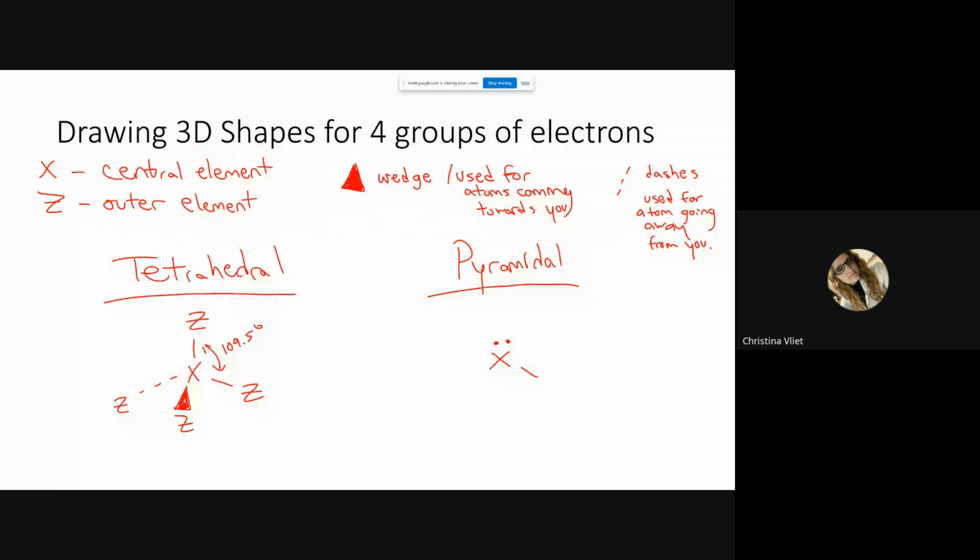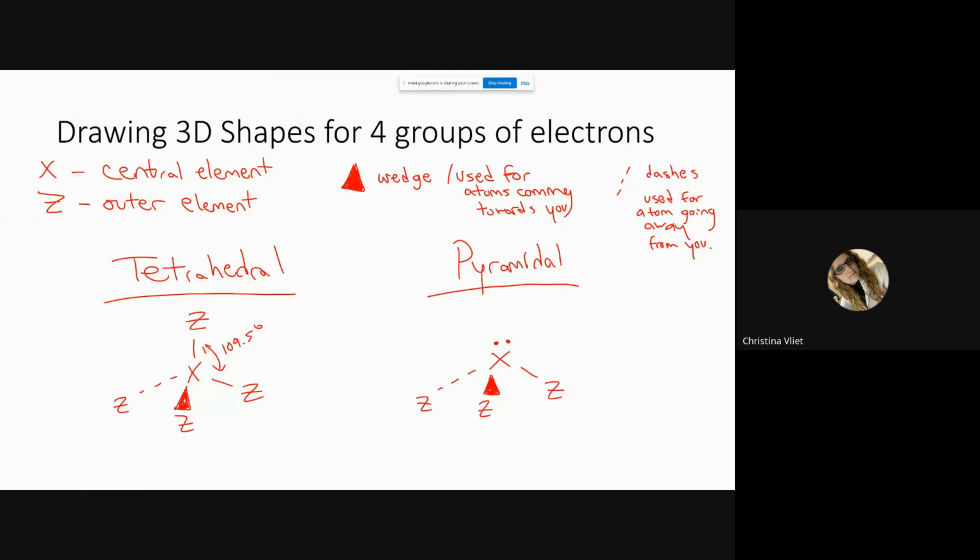So you get this, you get this, you get this. And you're supposed to understand this Z is going down straight that way. This Z is going down, but at you, like a pyramid. And then this atom is going to the back and down.